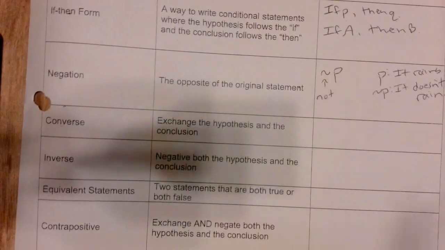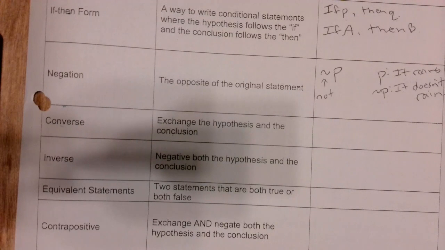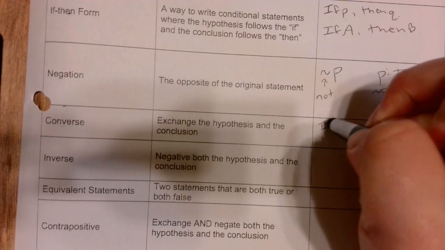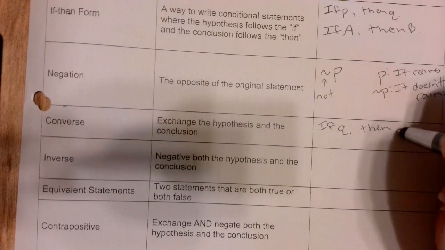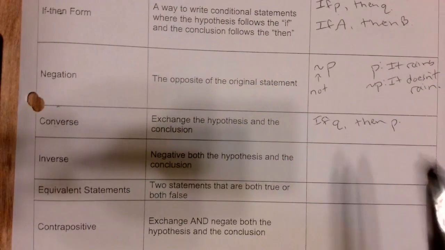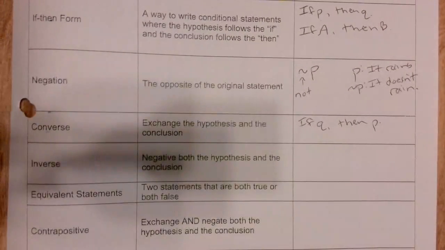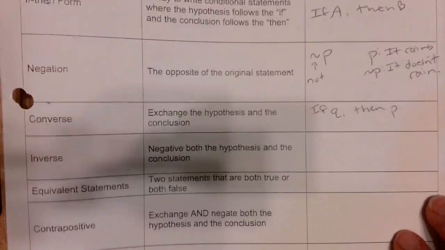Now the converse is where you exchange the hypothesis and the conclusion. So instead of if P then Q, the converse is if Q then P. You switch the two phrases, the P and the Q. The inverse.